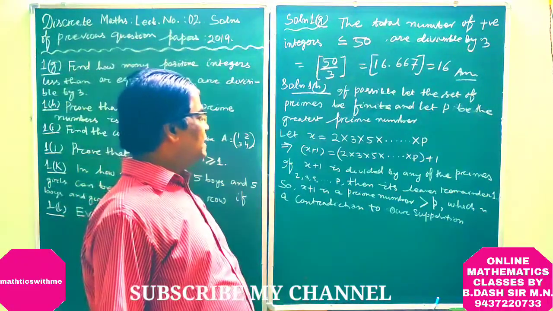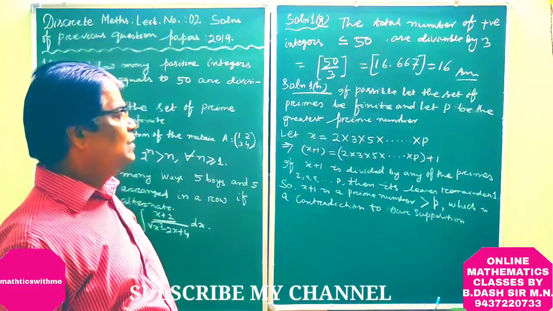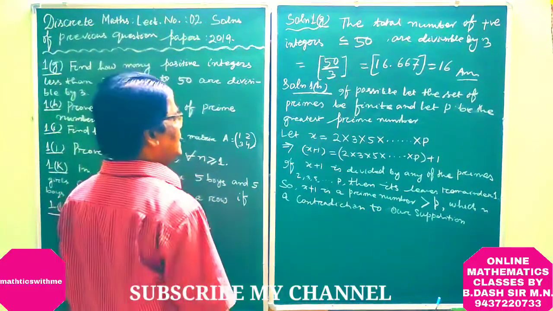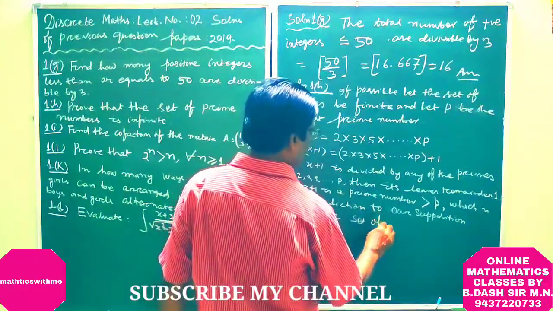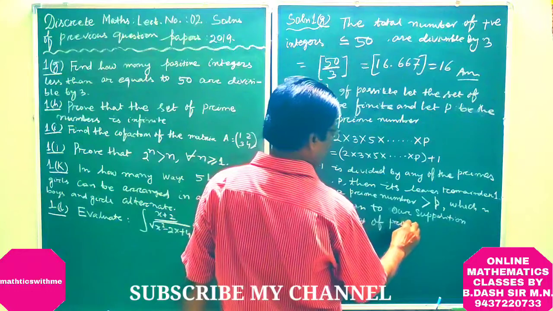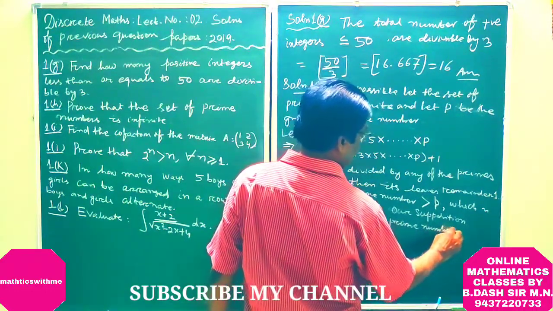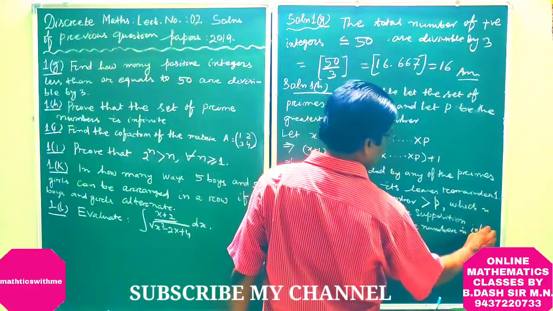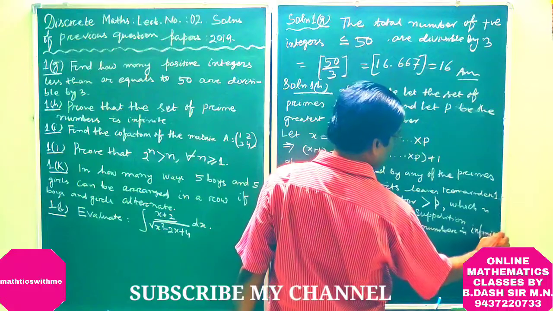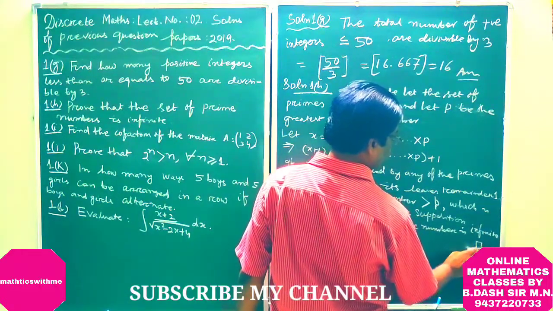But here X plus 1 is a prime number greater than P. So which is a contradiction to our supposition. Hence, the set of prime numbers is infinite. Proved.